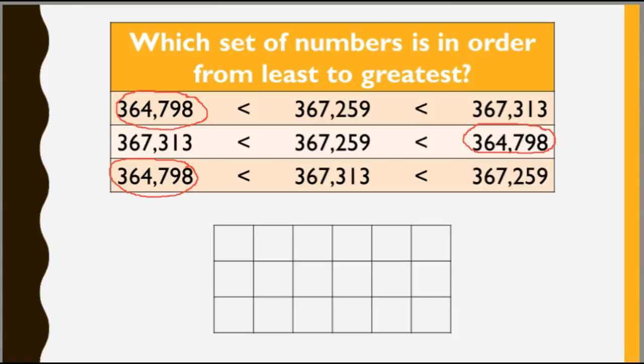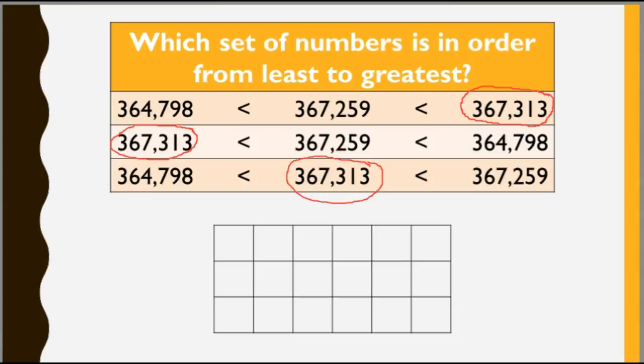And then this is the same as this and this. So they all 3 have the same 3 numbers. So if you take an extra look and see if that's the case, then that kind of helps you out.